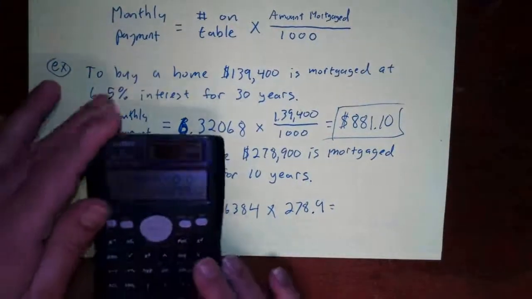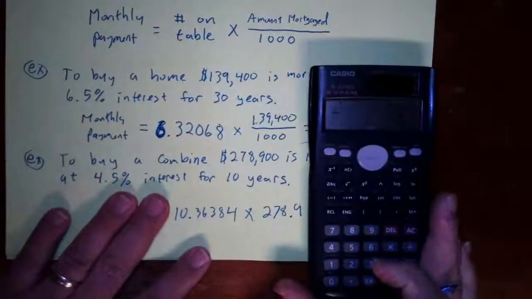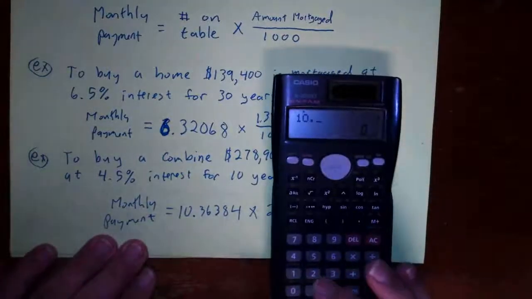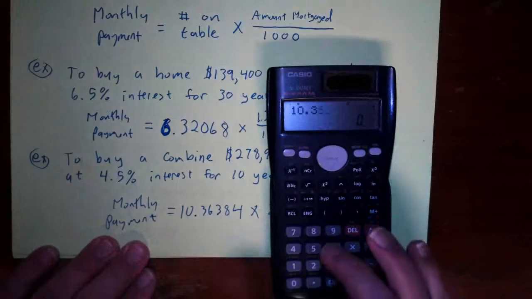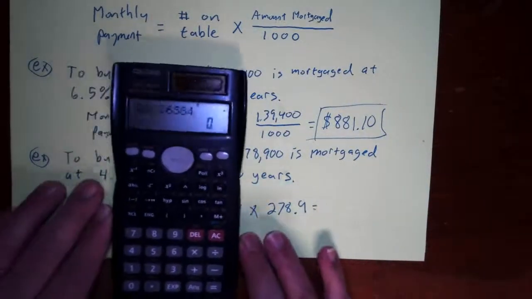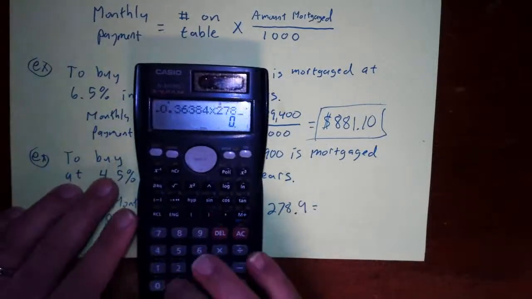So let's figure out what this monthly payment is going to be. I get 10.36384 times 278.9.